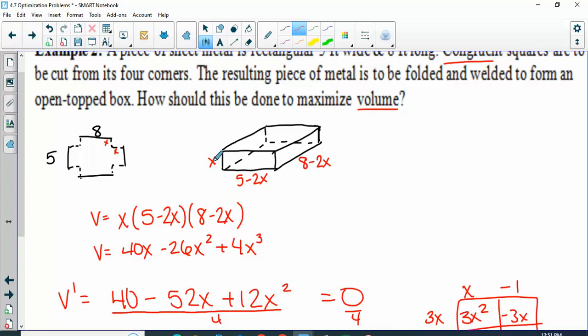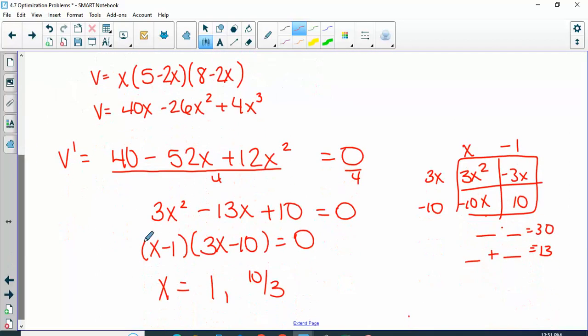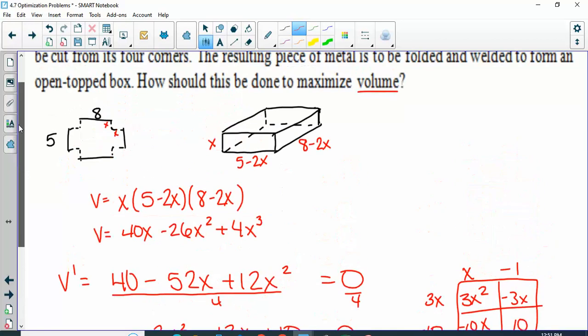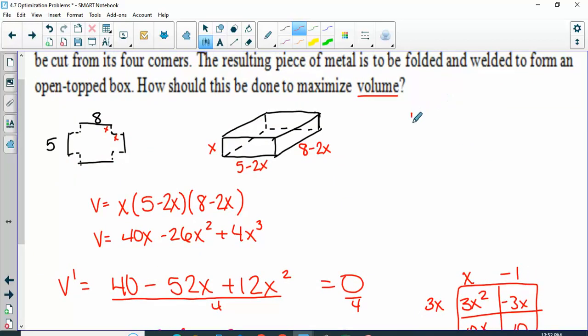If we plug in a 10/3, what's 5 minus 2 times 10/3? It's a negative. So that one's not an option. So then the question was, how should this be done? So the squares have 1 with sides.